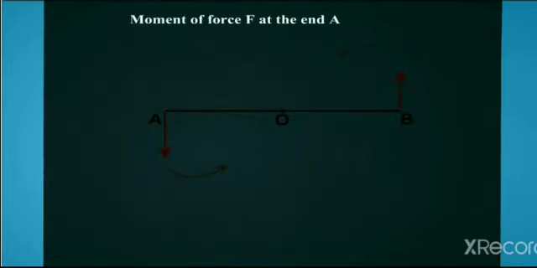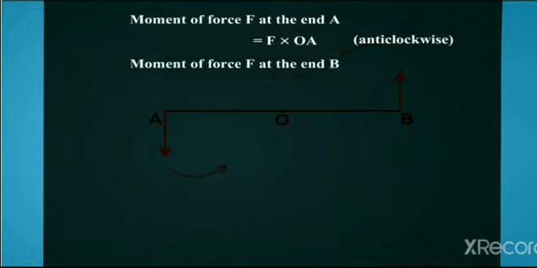Moment of force F at the end A is equal to F × OA anti-clockwise. Moment of force F at the end B is equal to F × OB anti-clockwise.